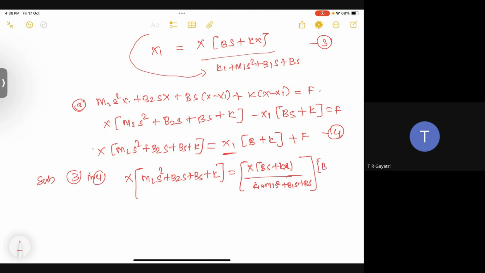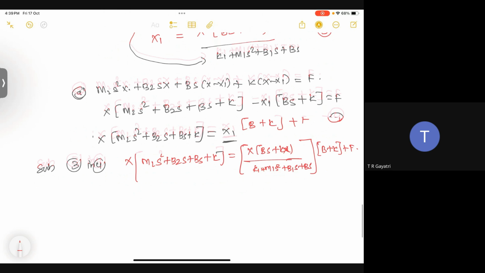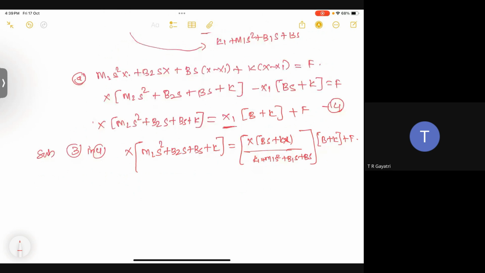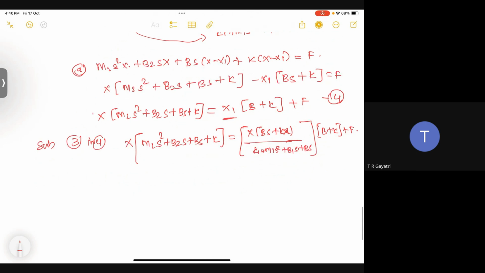So you should be careful whenever you are writing this equation. So this is the whole equation you got after the substitution. Right? So we always want to write output by input to find the Laplace transform.